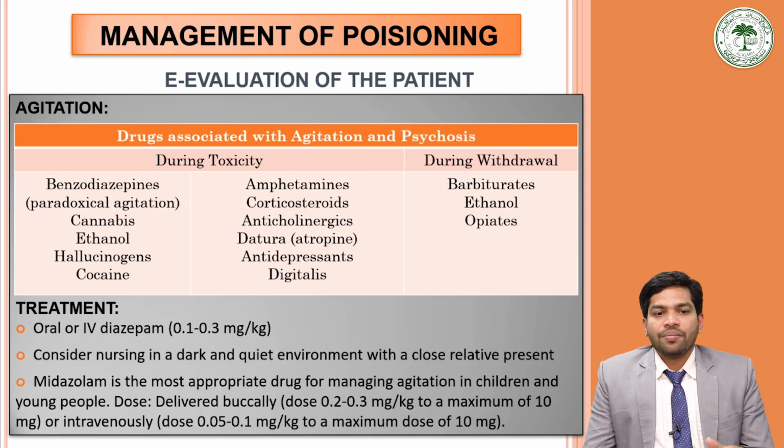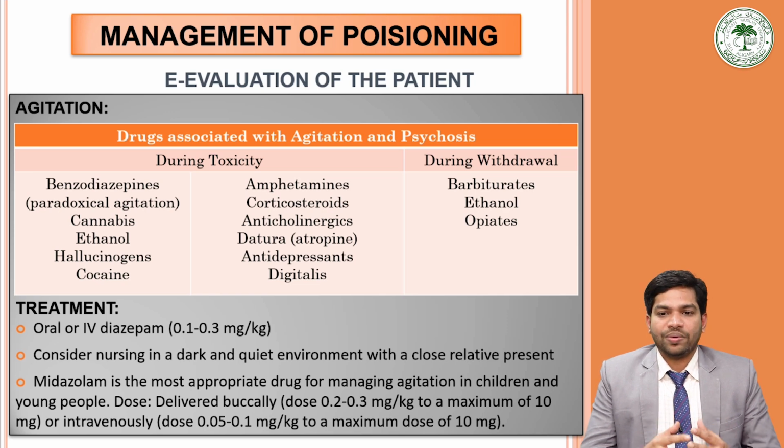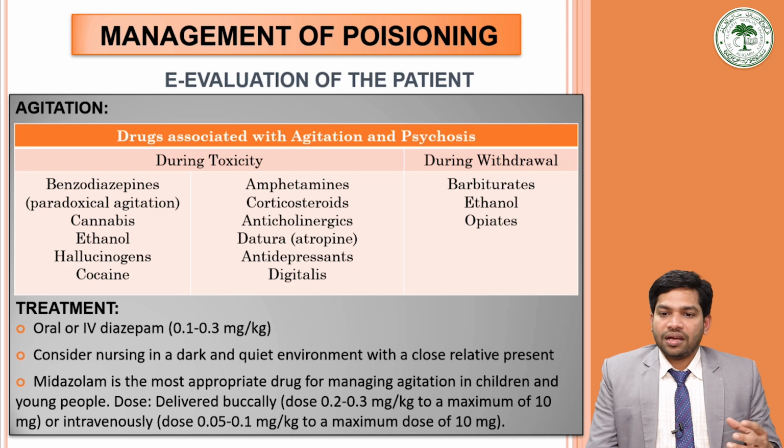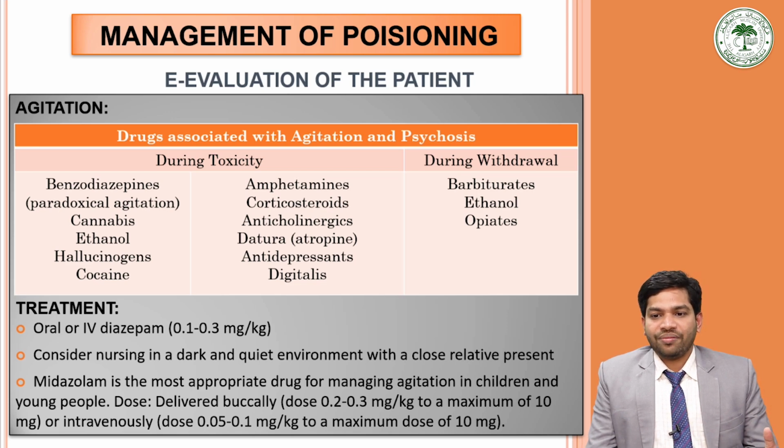Then coming to agitation. Several drugs and poisons are associated with increased aggression, which may sometimes progress to psychosis and violent behavior. This is especially likely if there are other predisposing factors such as existing mental disorders, hypoglycemia, hypoxia, head injury, and even anemia and vitamin deficiencies.